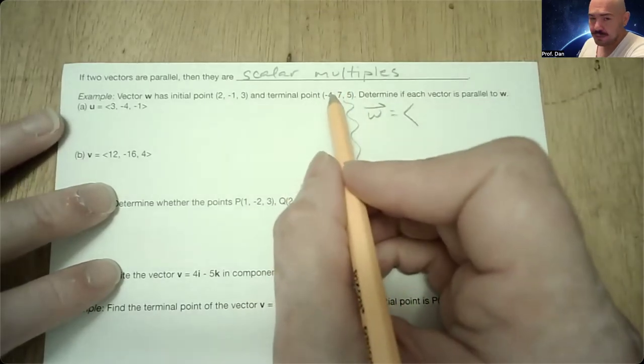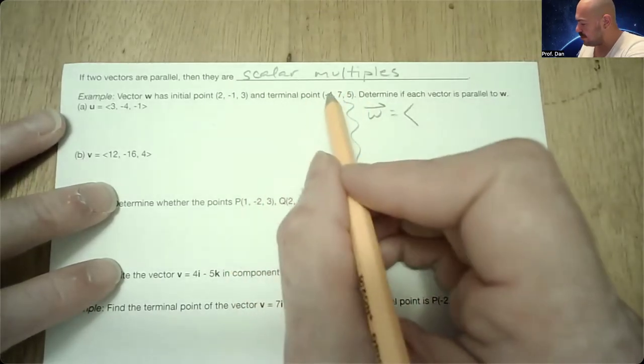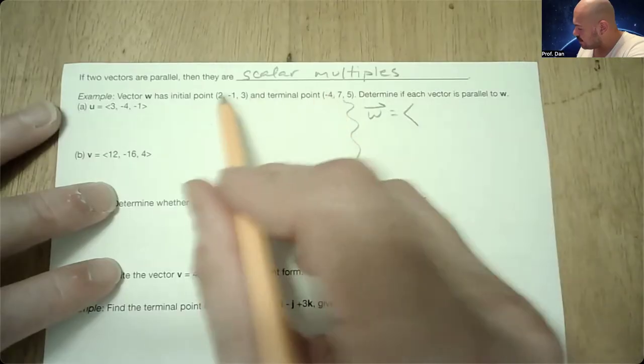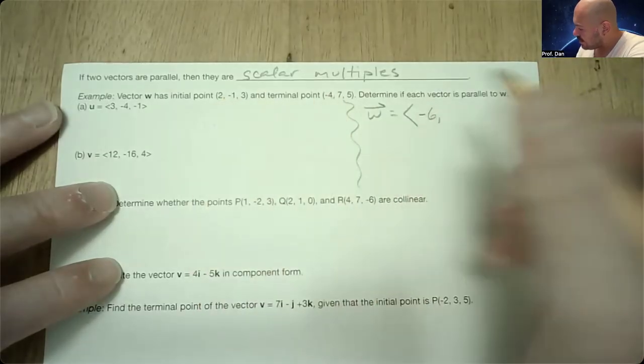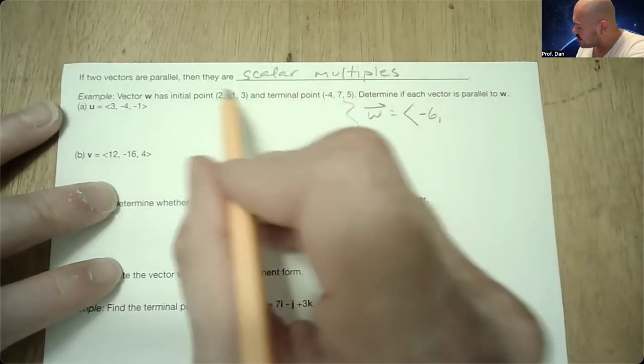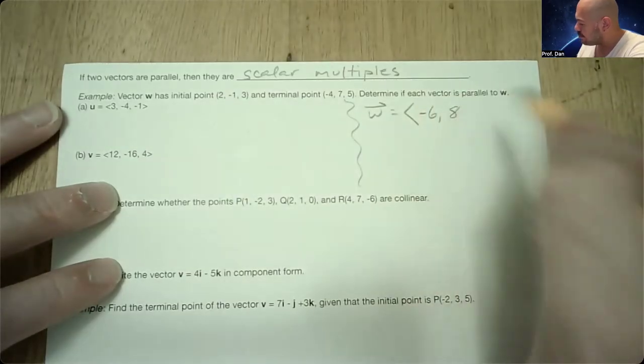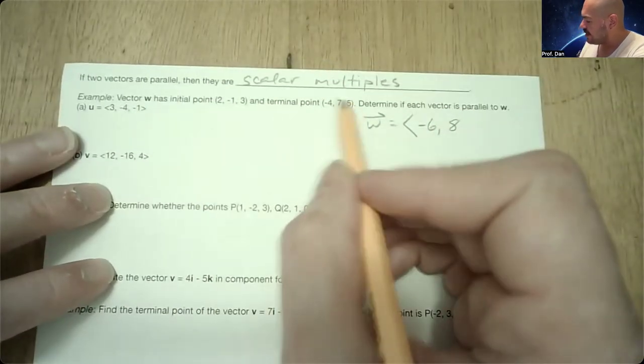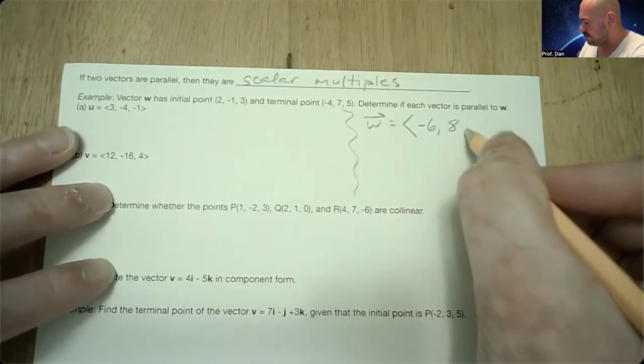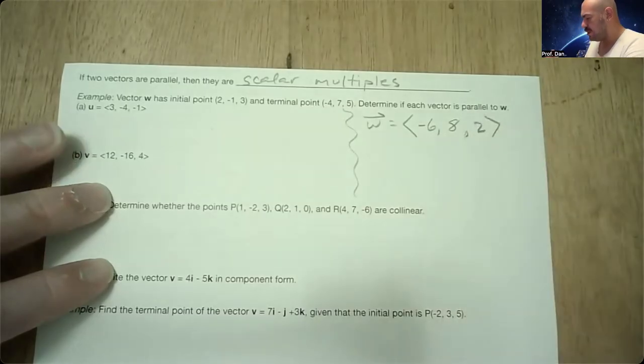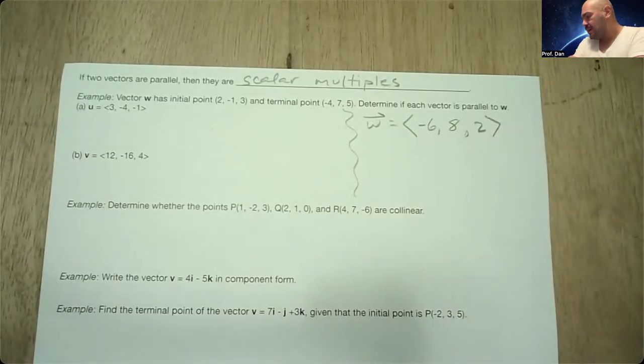So remember, final minus initial. Okay, so for X, -4 minus 2. For Y, 7 minus -1. And for Z, 5 minus 3. Okay. So we have the component form for W.